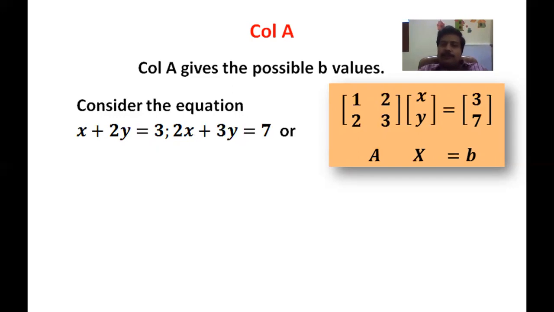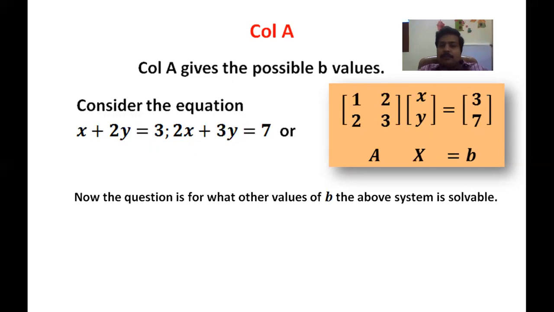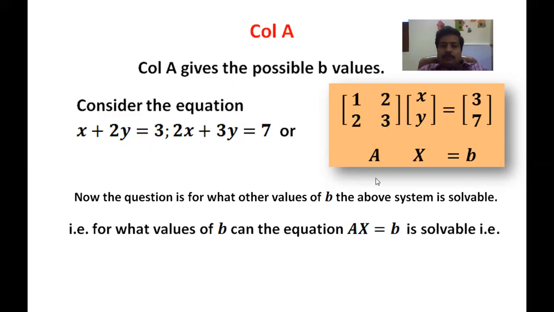Column space A will tell us for what values of B the system is solvable. That is, Ax equals B is solvable for what values of B1 and B2.